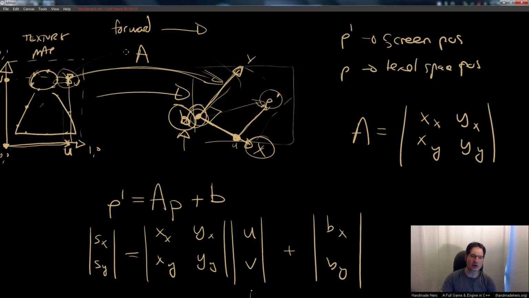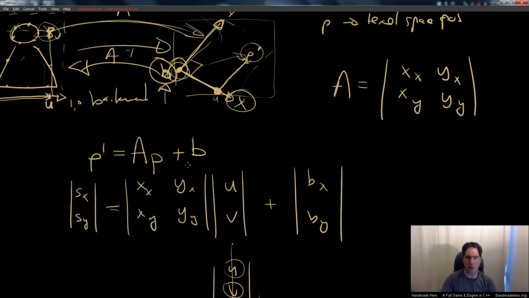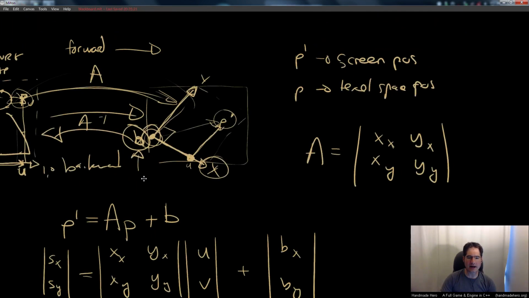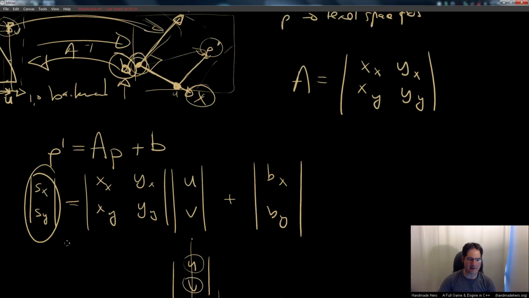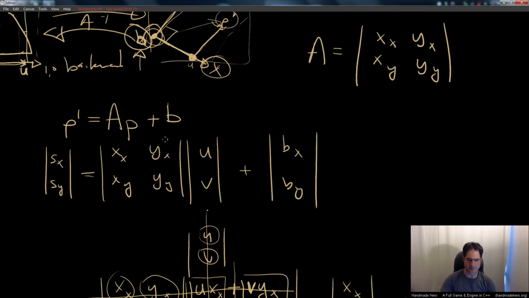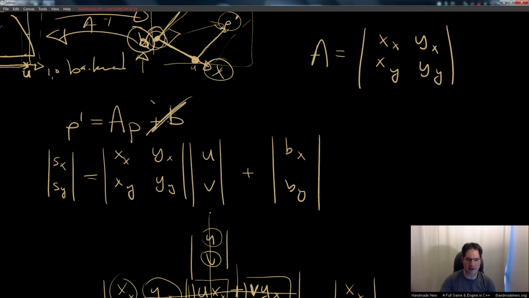So we actually don't want A, we want the inverse of A, right? We want to do the backward transform. That's what we were doing. Okay? So how did I write that backward transform? What did I actually type in as the code? Well, if you remember, what I typed in is from the SXSY here, and I'm going to go ahead and eliminate B entirely.